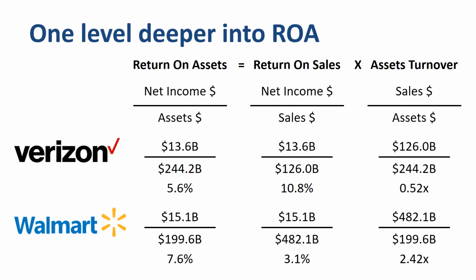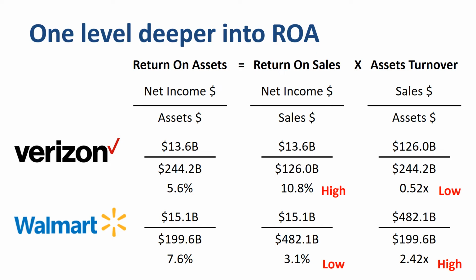So even though these companies on the ROA level look fairly similar, they arrive at that ROA performance in very different ways. Comparing Verizon and Walmart, you could say that Verizon gets to its 5.6% return on assets with relatively high return on sales and relatively low asset turnover. Walmart gets to 7.6% return on assets with relatively low return on sales and relatively high asset turnover.